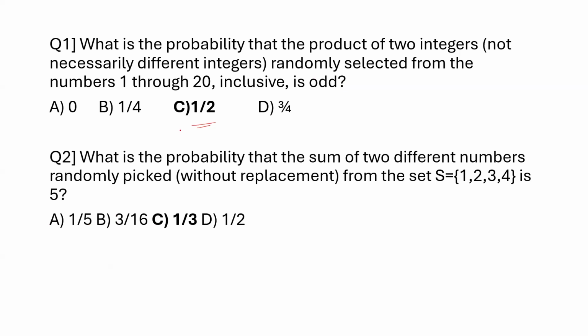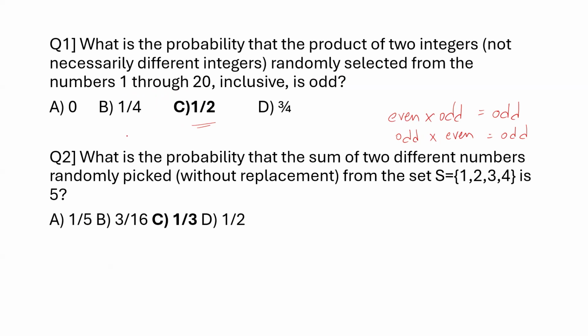When will the product of two numbers be odd? Even into odd will give you an even number, or odd into even will give you an even number. So now you just have to look for how many odd numbers are there from 1 to 20, how many even numbers are there, and then you have to compute. The answer would be 1 by 2. This you have to do.